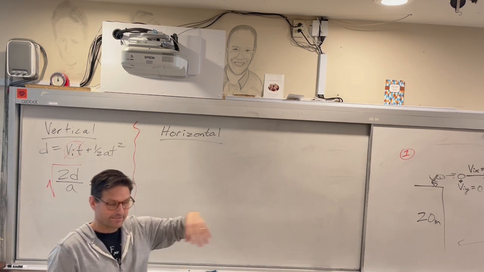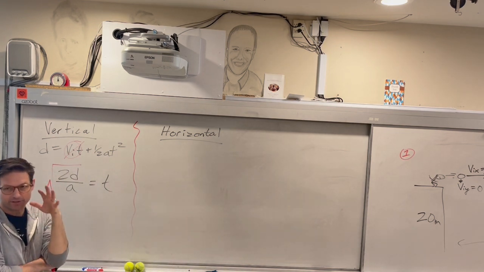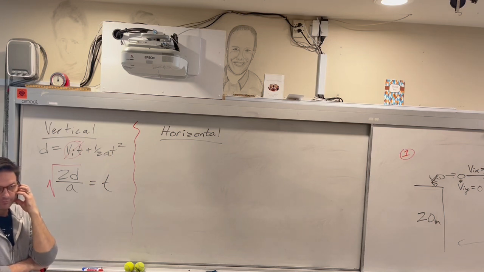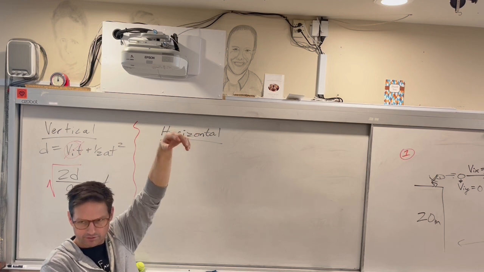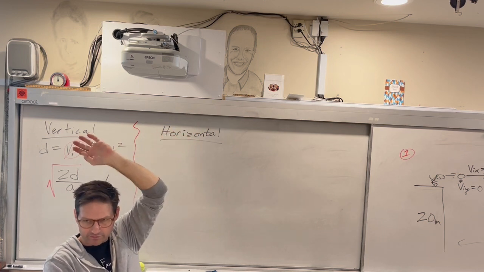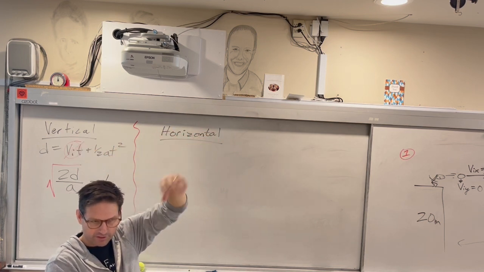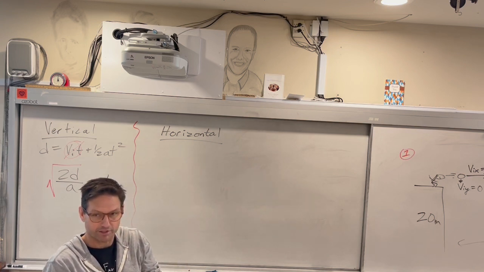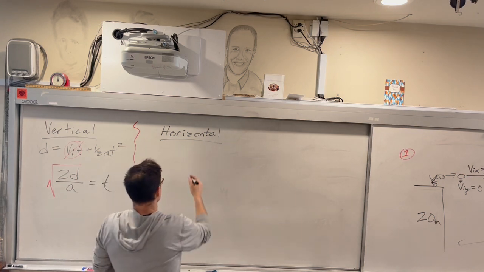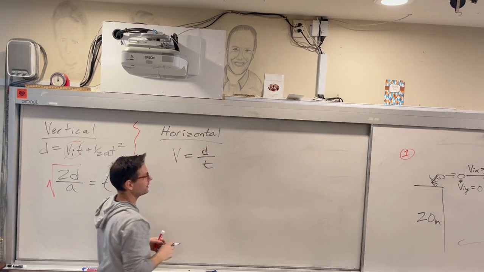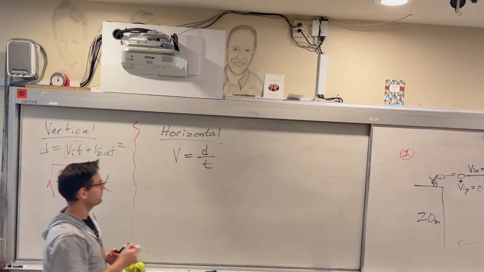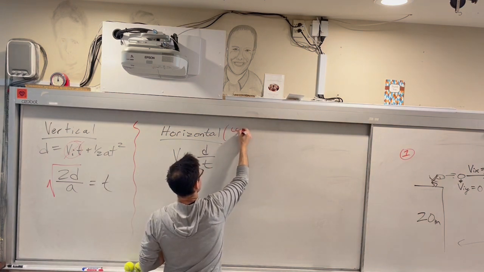So if there's no acceleration, do any of these three formulas not have a? No, they all have a, right? So we don't need those ones. What's the simple velocity formula? v equals d over t. So for the horizontal, we can just use our constant velocity. v is d over t. So this is constant.